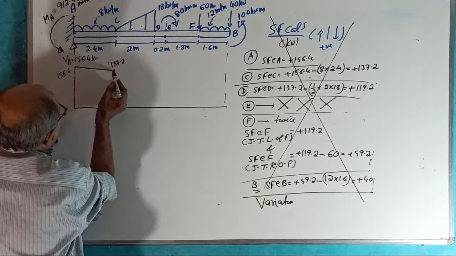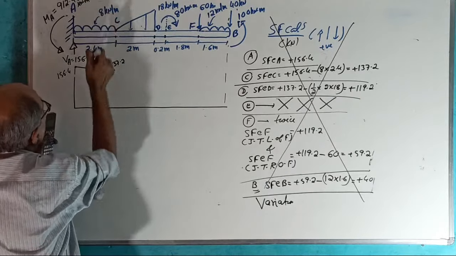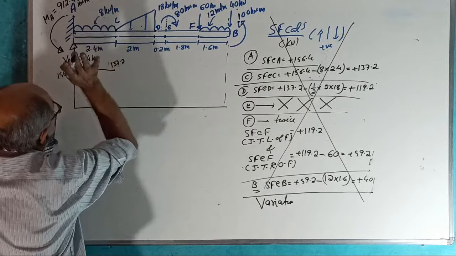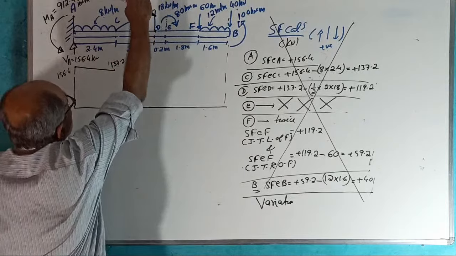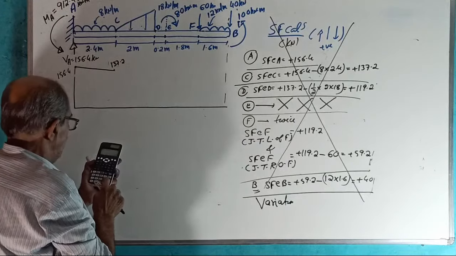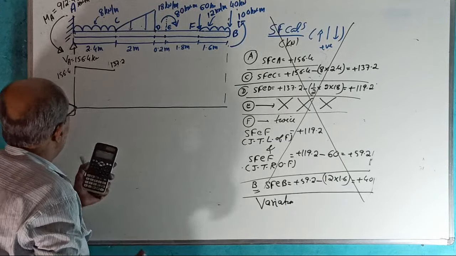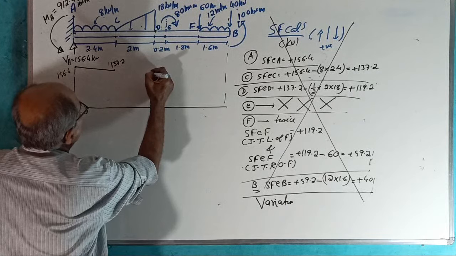The slope of the shear force diagram will be equal to 8. Why? Slope of the shear force diagram is the intensity of load. Now after C to D, come down by half into 2 into 18, it is 119.2. Slightly lesser.